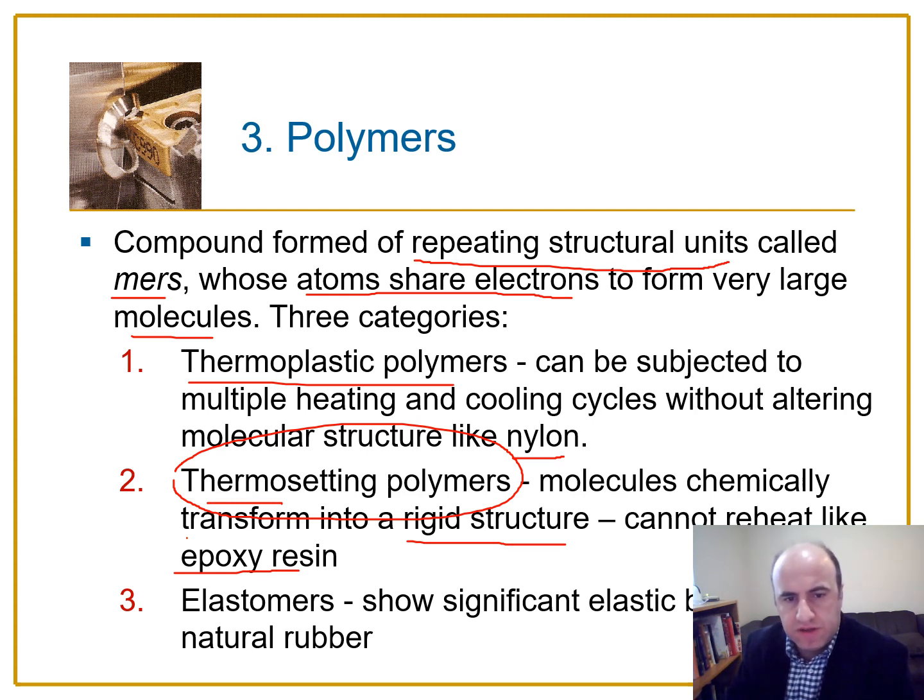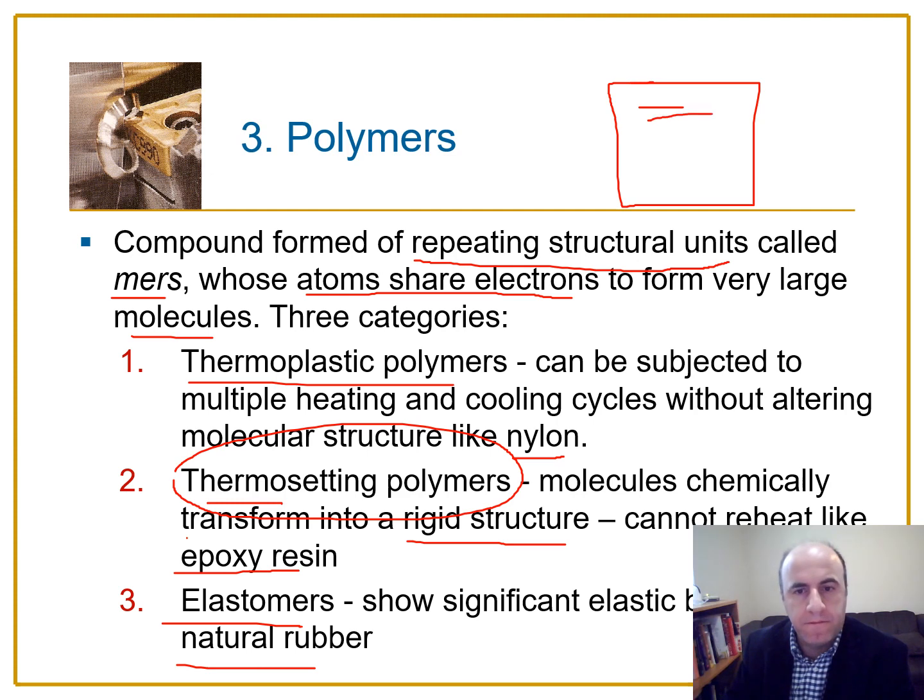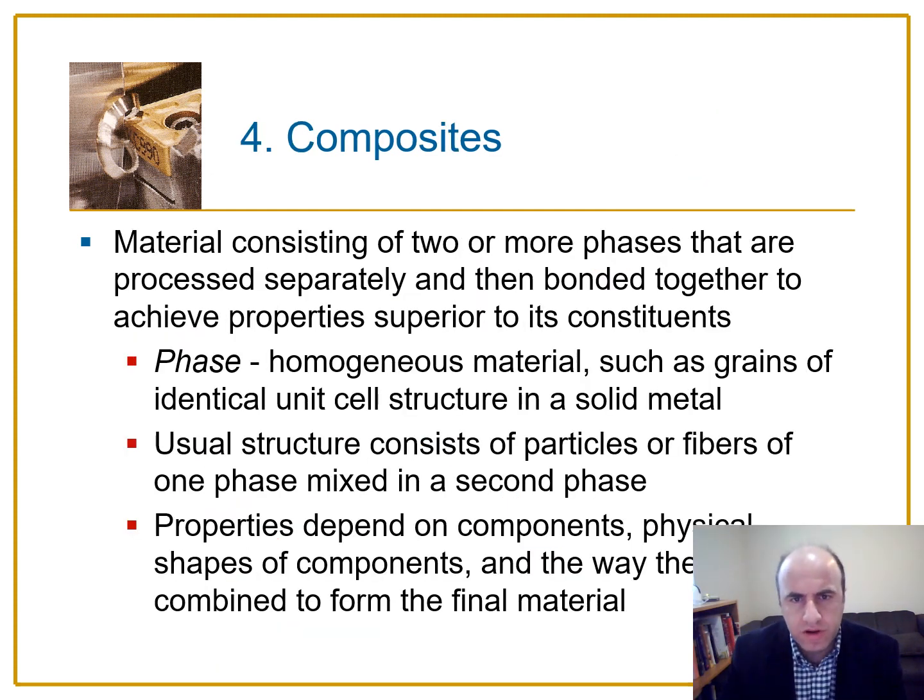The third one is elastomer, which has a significant elastic behavior. One example is natural rubber. The next material is composite. Composite is a material which is composed of several different elements.